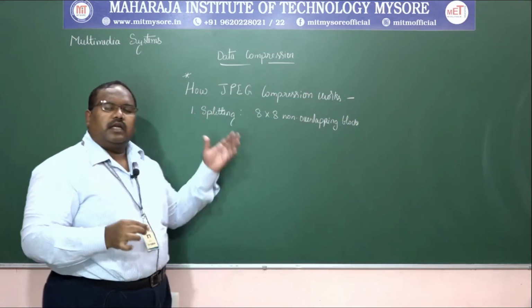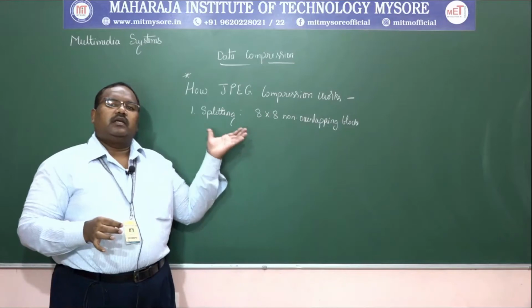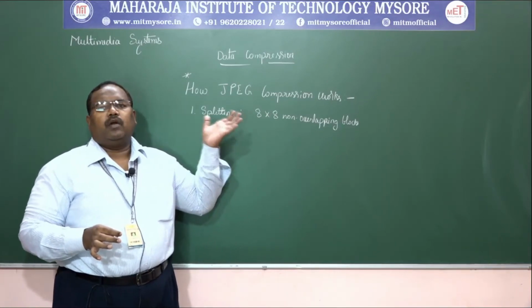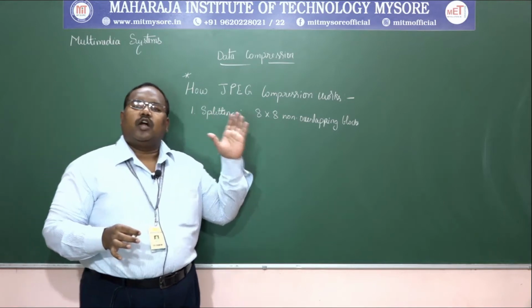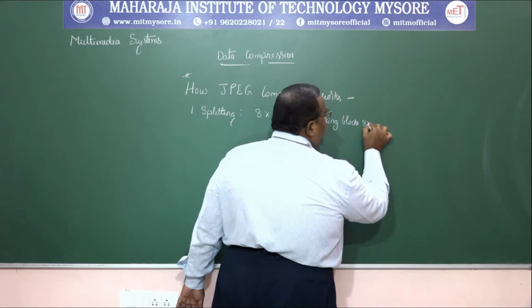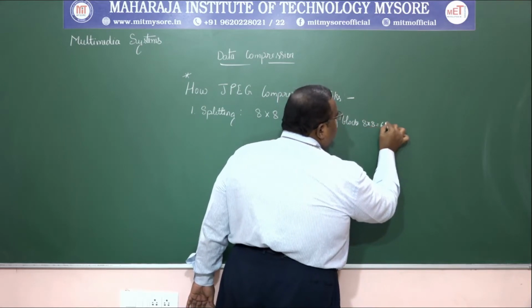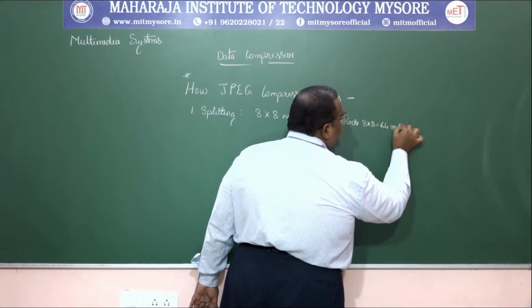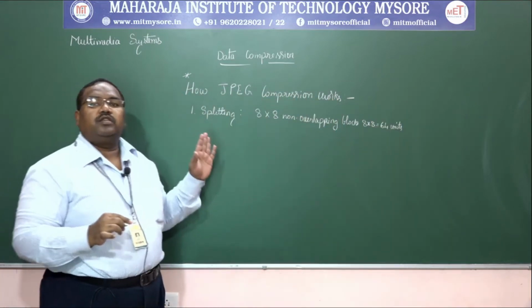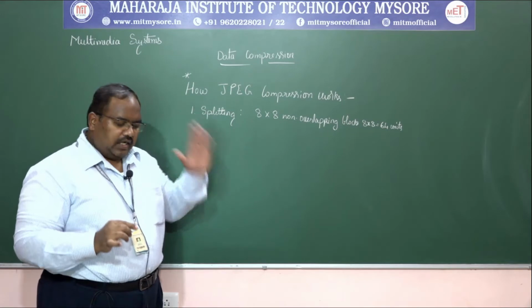This means the given image has to be split into 8 by 8, that is 64 units. So the image should consist of 64 units. Let us look into it.